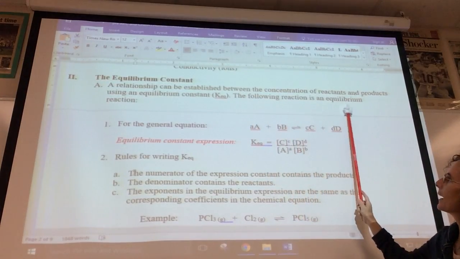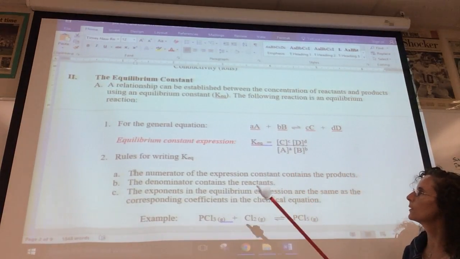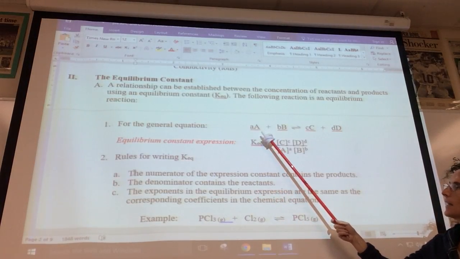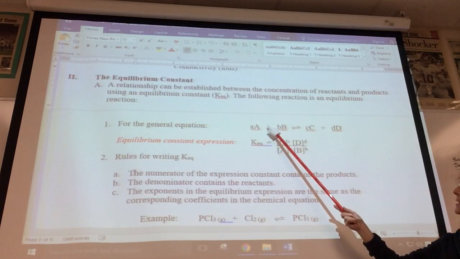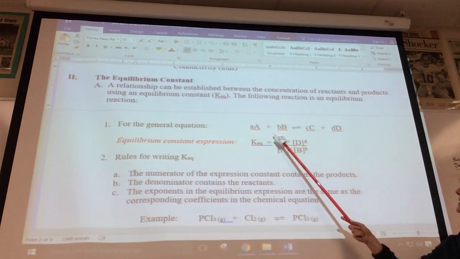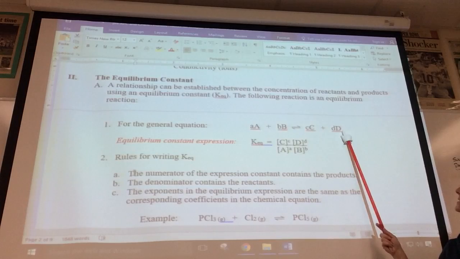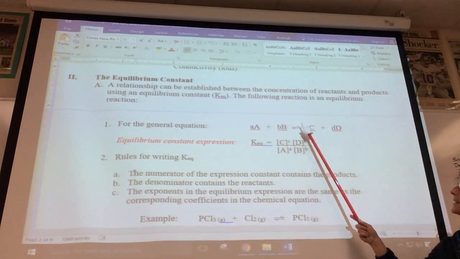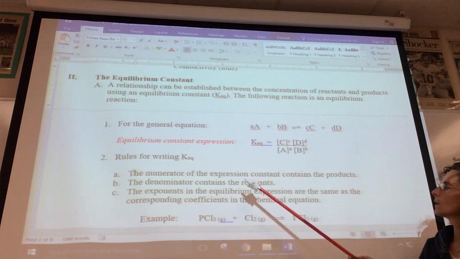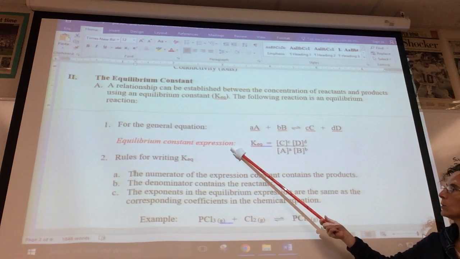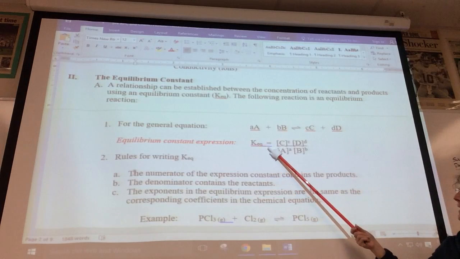And the following reaction would be an equilibrium type. Again, same nomenclature we've talked about for multiple chapters. Capital letters for substances, A and B are reactants, C and D are products, lowercase letters for coefficients. Our equilibrium constant expression is KEQ.